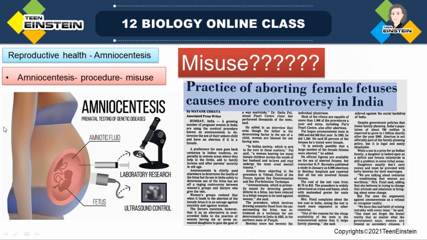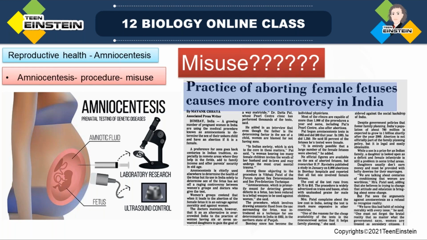Next is how they are misusing amniocentesis, the practice of aborting female fetuses, which especially happens in India. Okay, in the same way they collect the amniotic fluid, and while analyzing it they get the chromosomal details, right?